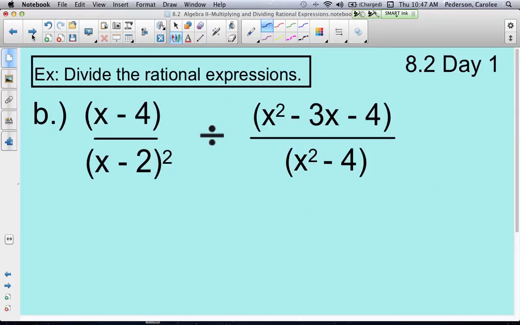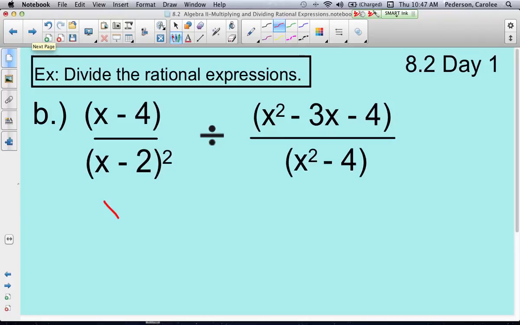Last example. Another dividing rational expressions. We have x minus 4 over x minus 2 all squared, divided by x squared minus 3x minus 4 over x squared minus 4. So again, we're going to keep the first fraction, change the division to multiplication, and then reciprocate or flip that second fraction.